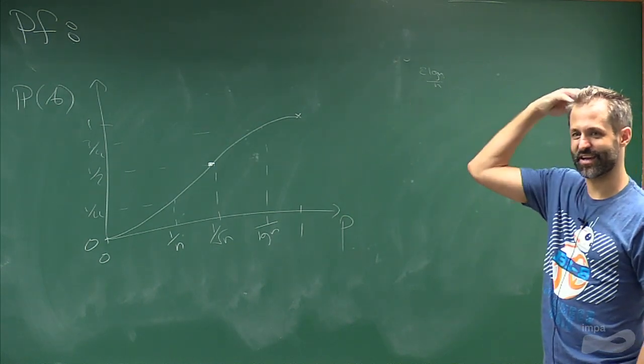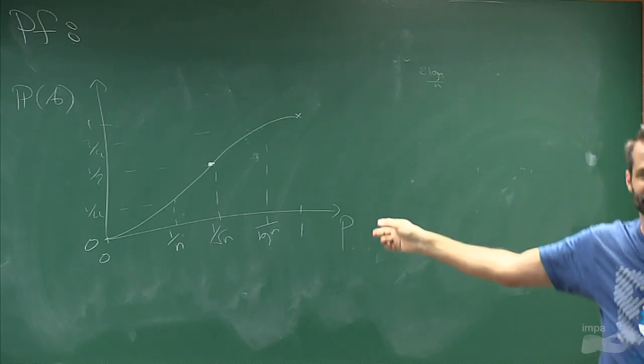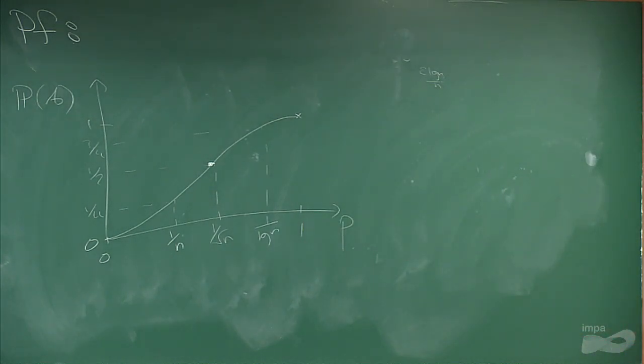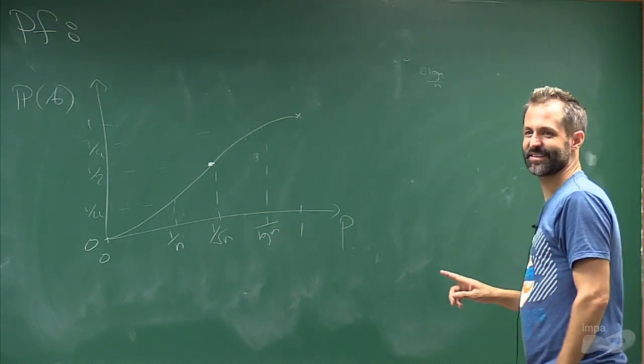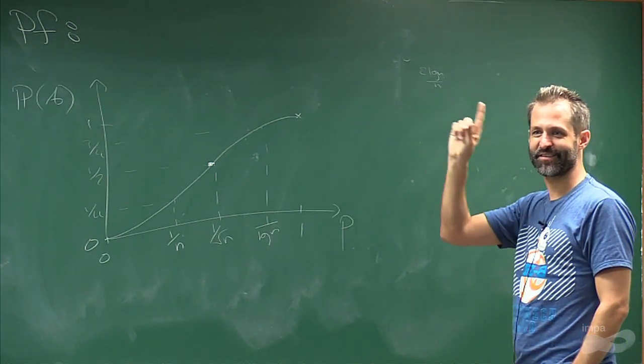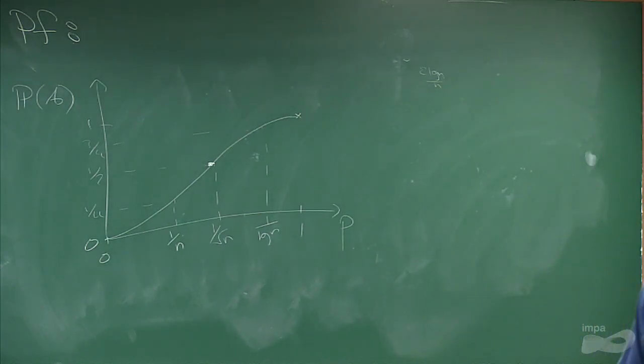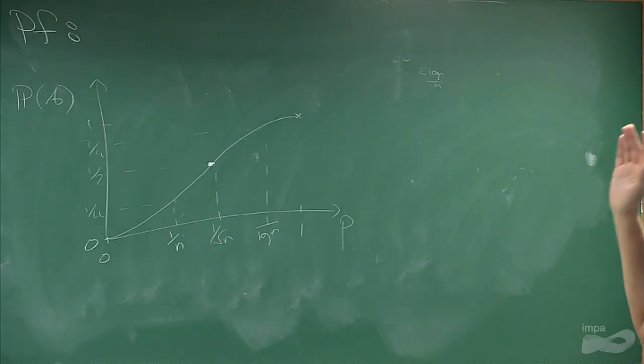So let's check the definition. So does this function that I've drawn exhibit a threshold? So this is good because the fact that no one answered it means you don't understand the definition. Right. So why does it not have a threshold?